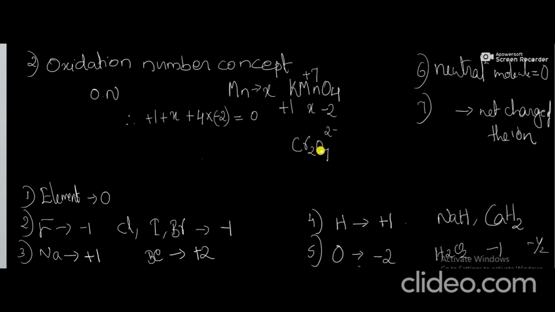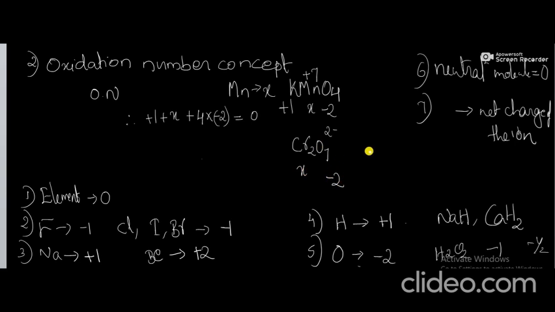So the sum of the oxidation numbers of all atoms will be equal to -2. Then consider the oxidation number of chromium as x. Then the oxidation number of oxygen is -2 according to the fifth rule.